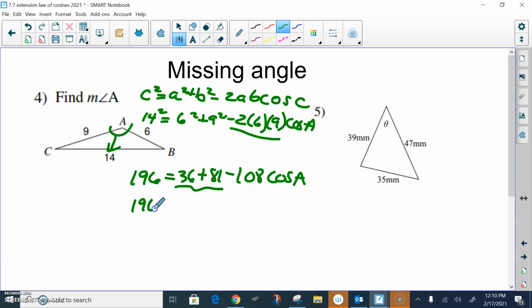So I bring down my 196. I take 36 plus 81 and I get 117 minus 108 cosine of A. Again, I can't combine those together because this is attached.